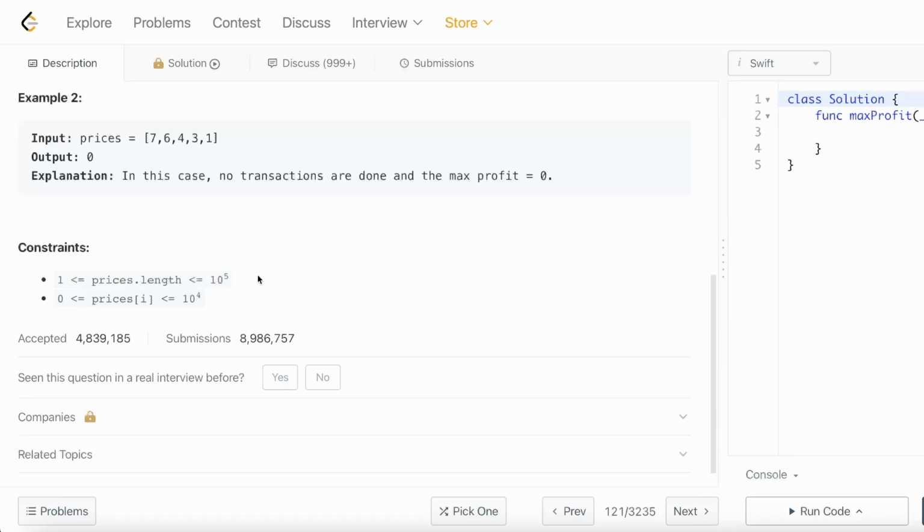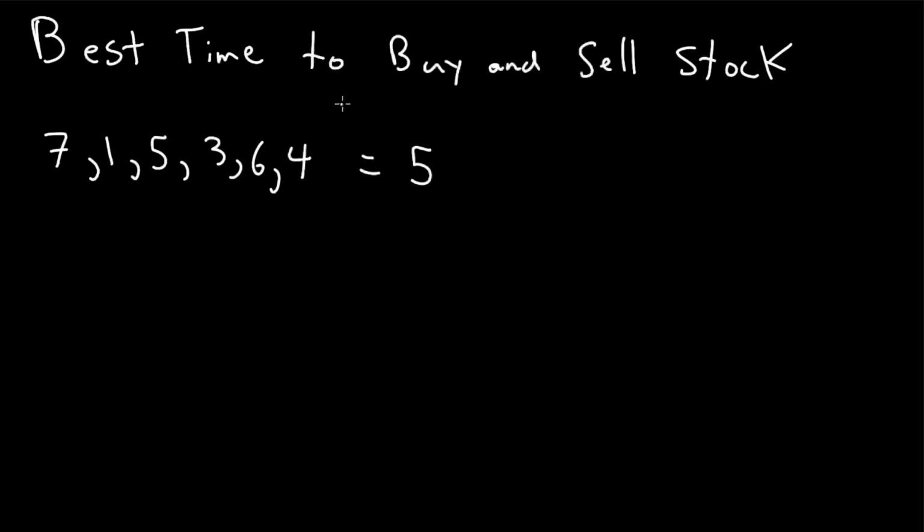All right, so let's break down this problem and see how we can solve it. The way that we can think about this problem is perhaps best by looking at the example they gave us. So they gave us 7, 1, 5, 3, 6, and 4, and the way that they were able to calculate a profit of 5 was being able to buy it on this day, which is the second day or index of 1, and they sold it on this day, which is the highest value that you can get, by selling 6 minus 1, which will give you a profit of 5.